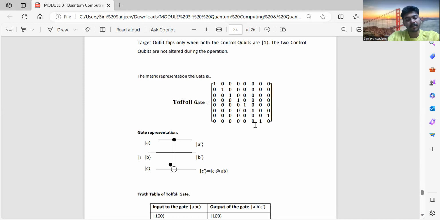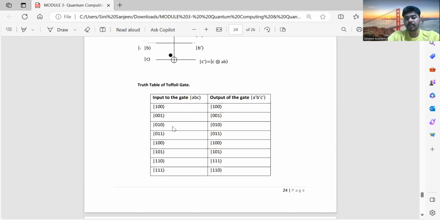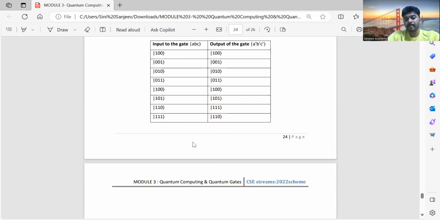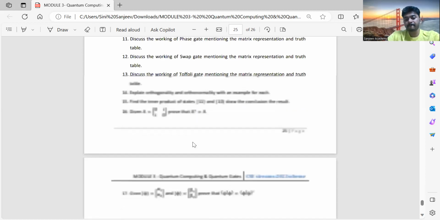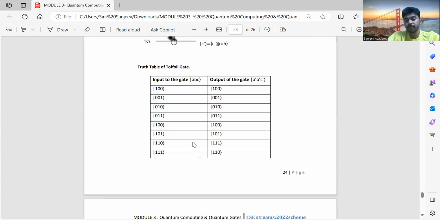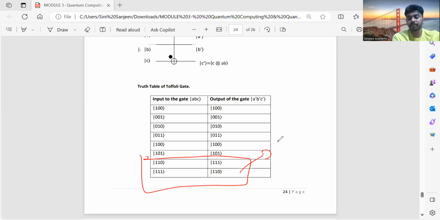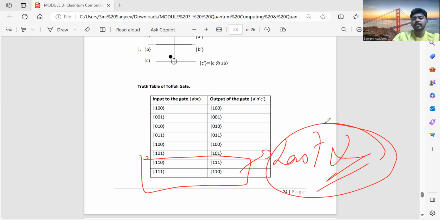So you have to remember this, and then obviously the gate representation. Coming to the truth table, everything is the same except the last two. Only the last two are different. So make sure that we know the truth table properly.